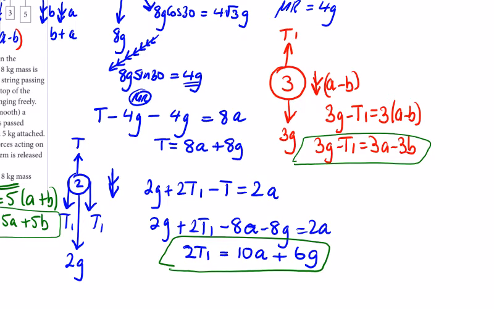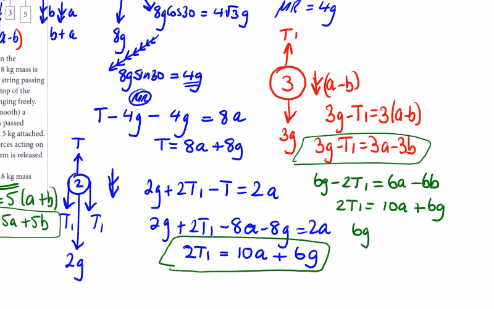So I can get a 2T1 here, or minus 2T1. So if I say 6g minus 2T1 is equal to 6a minus 6b, and bring this one up, 2T1 is equal to 10a plus 6g.